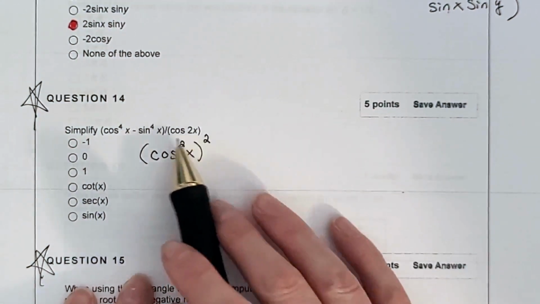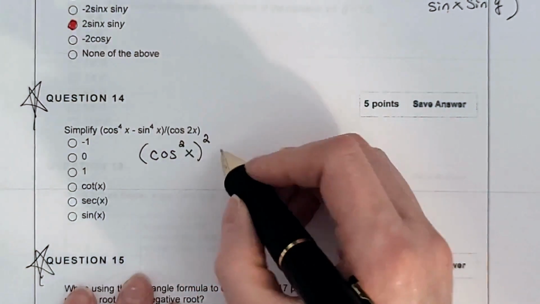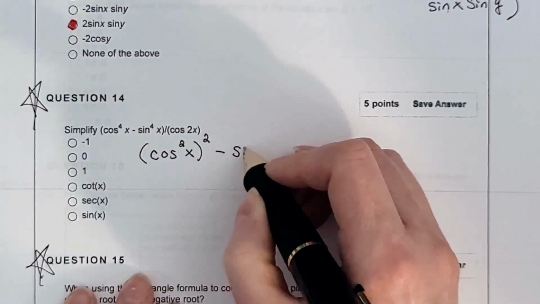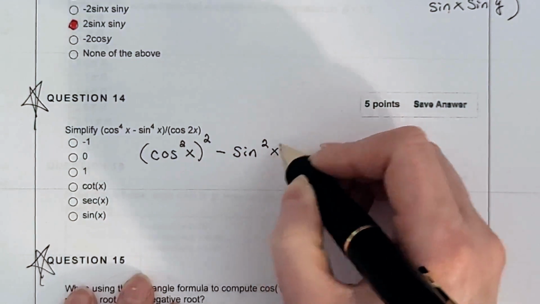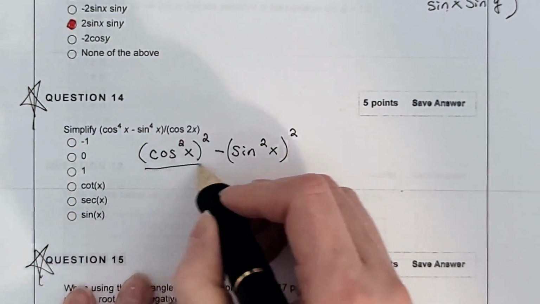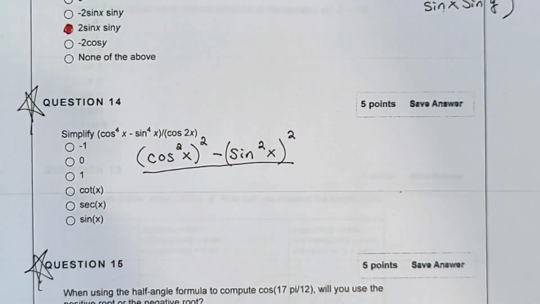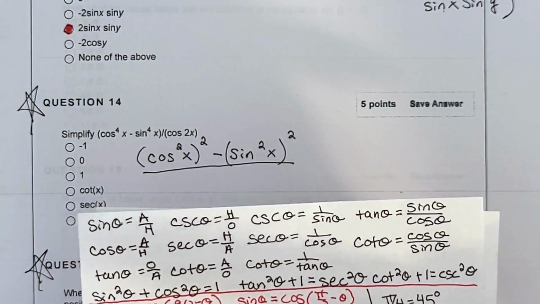So we're just rewriting the 4th power as 2 to the 2. Minus sine squared x squared, divided by, now cos of 2x, we're going to need to change that since these are squares. If you look on your formula sheet, I'll figure out where mine's at.